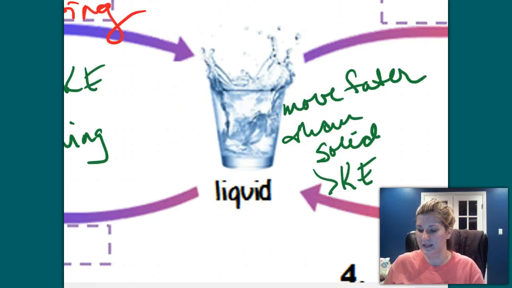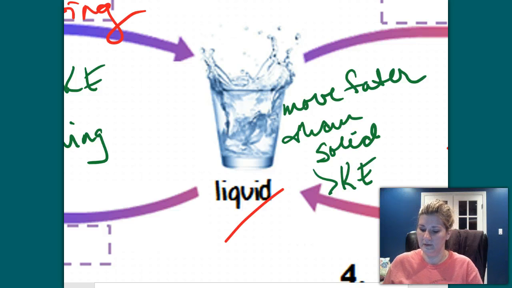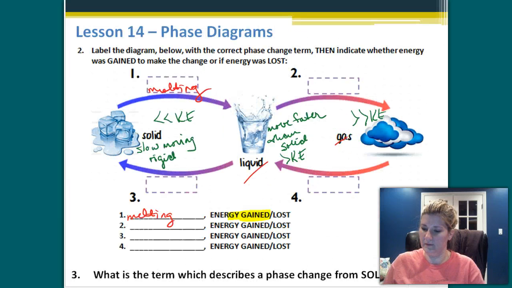Going from a liquid to gas. Oy, how did that happen? Okay. This is evaporation. Liquid to gas. Evaporation.